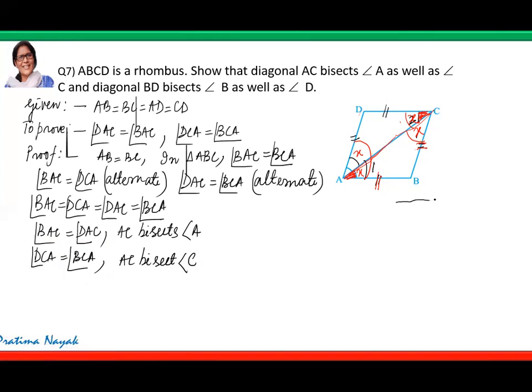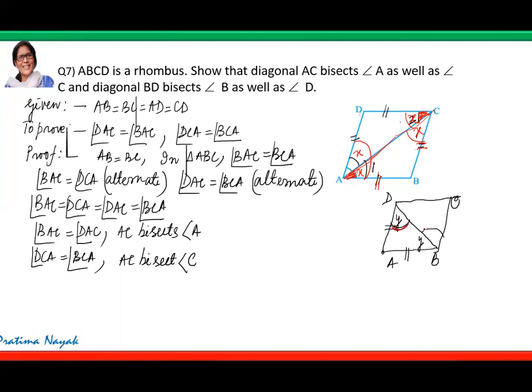We will now join BD. This is a rhombus ABCD. I'll join BD now. In the same way, I'll write these two are equal. So if this angle is Y, this is Y, and Y is equal to this angle, I'm coloring it.